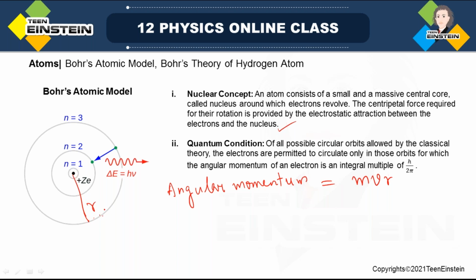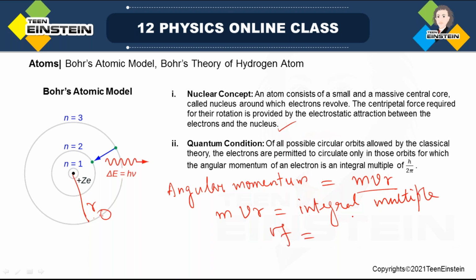This orbit is allowed. An electron can revolve around the nucleus in this orbit only when the angular momentum of that electron in this particular orbit, which is mvr, is equal to an integral multiple of h cross, which is h by 2 pi.